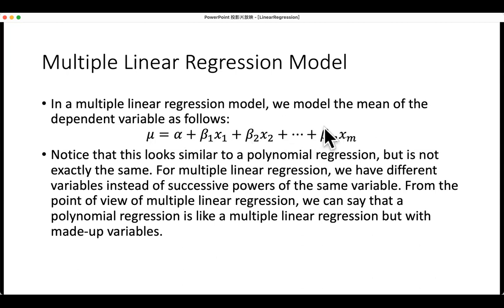But if you remember, in polynomial regression we have x, then x squared, x cubed, and so on. Those variables are really computed from one single independent variable. So in some sense, we can treat polynomial regression as a multiple linear regression with made-up variables, because x squared we can treat as x2, x cubed as x3, and so on.